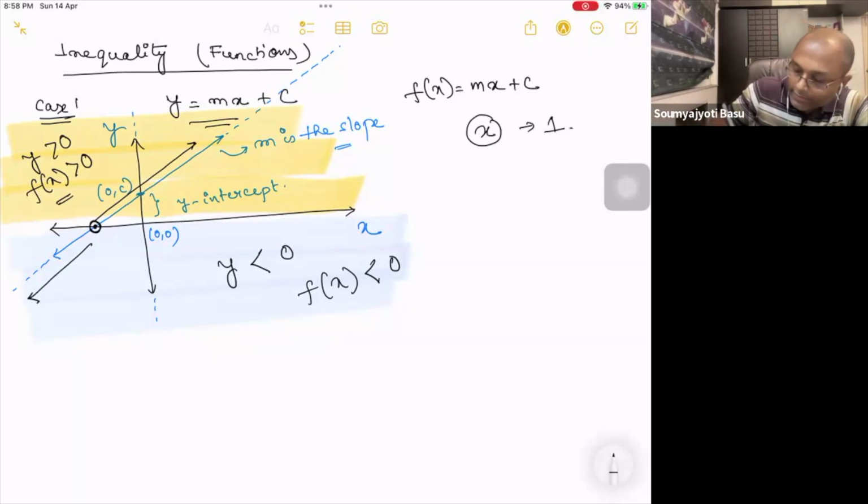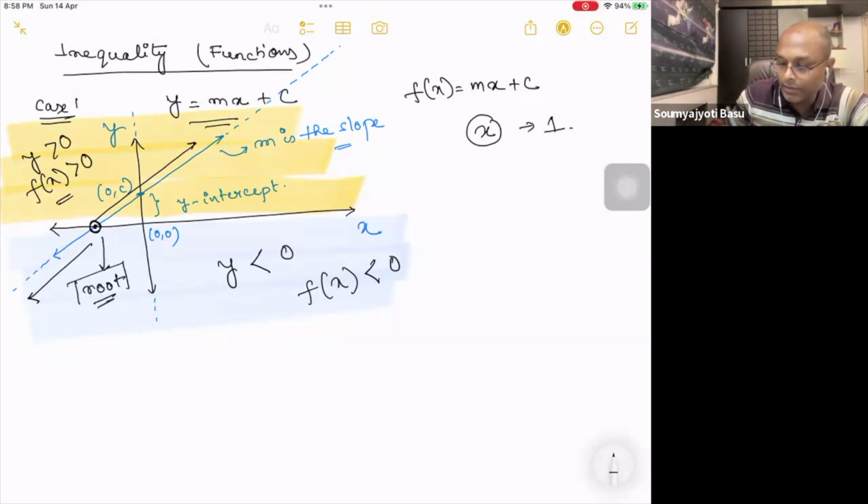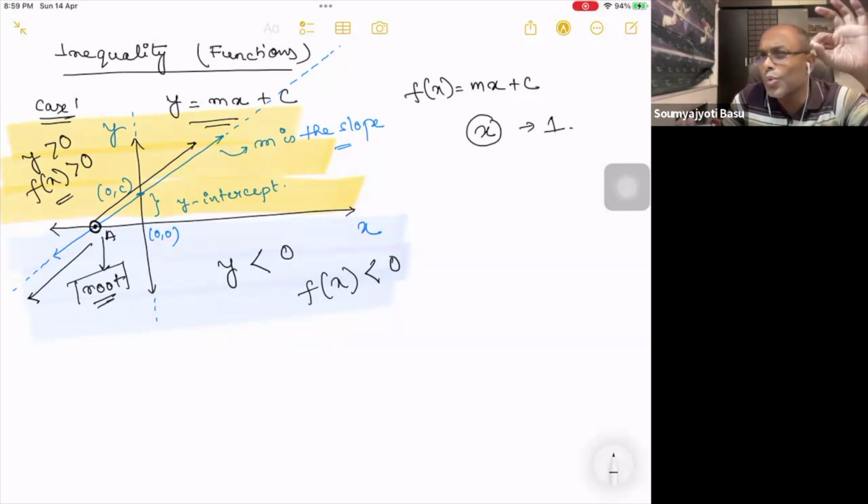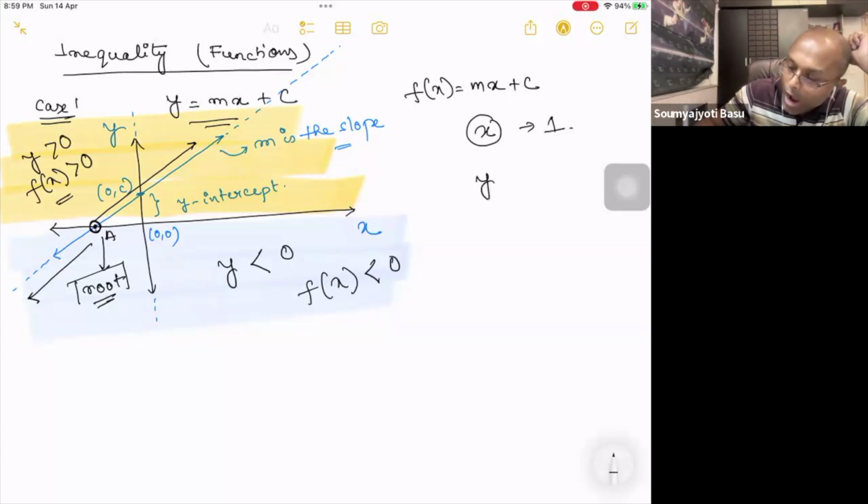And what is this point? Do you recognize that this point, which let's say we name as A, the dot with a circle, that point is the root of this equation? How? Because at this point, y is equal to 0.